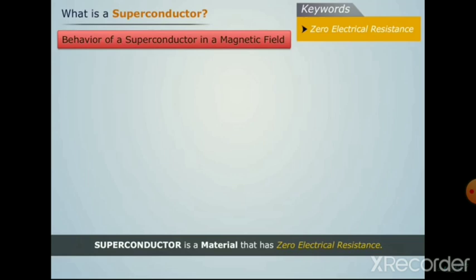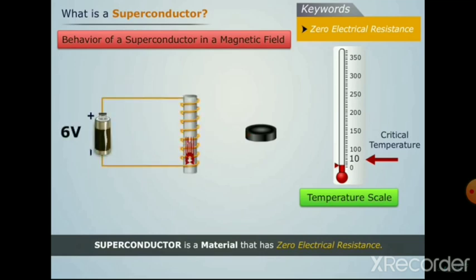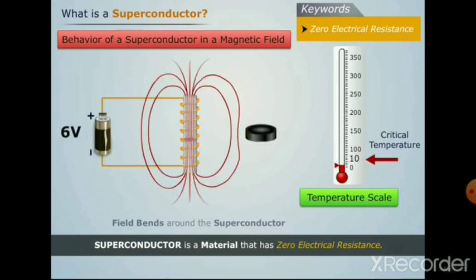Let us now analyze the behavior of a superconductor when placed in a magnetic field. When we place a superconductor in a magnetic field, we see that the magnetic field bends around the superconductor as it is not able to pass through it. Thus, the superconductor behaves like a perfect diamagnetic material.